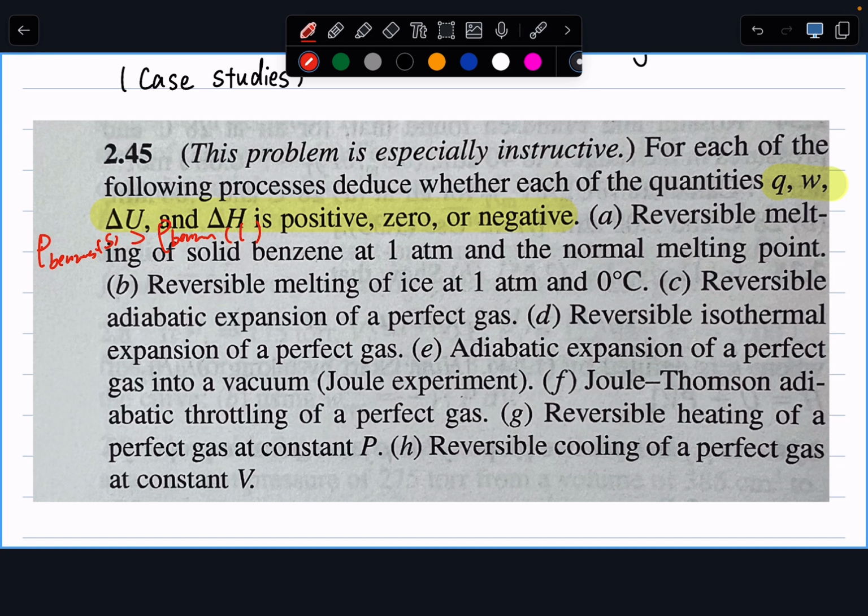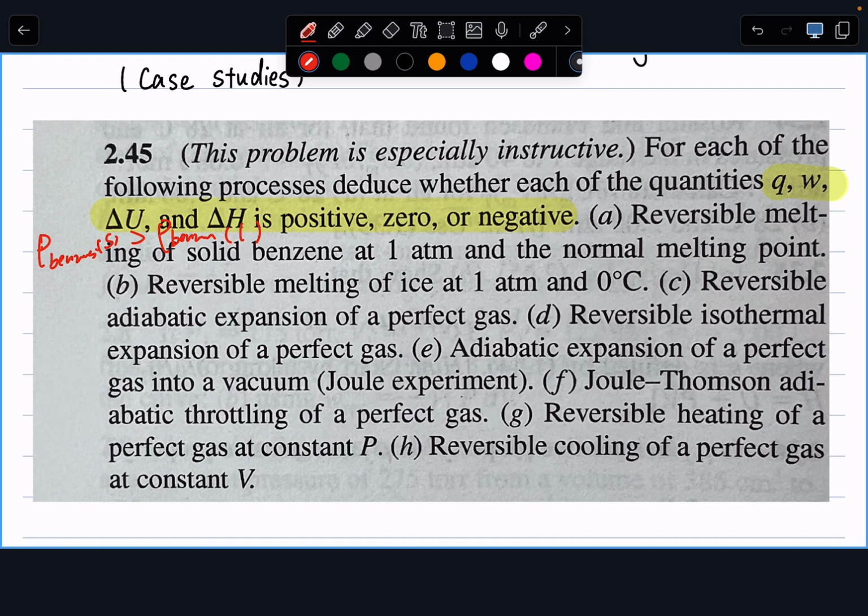So what about my volume? We know that the density of solid benzene is larger than the density of liquid benzene. It's melting, so my final volume is liquid and my initial volume is solid. So which one of them is smaller or bigger? My final is liquid, so my final is going to be a larger number.